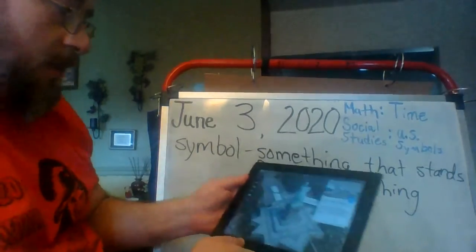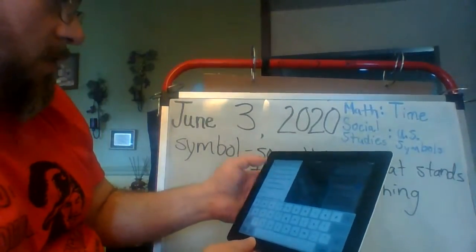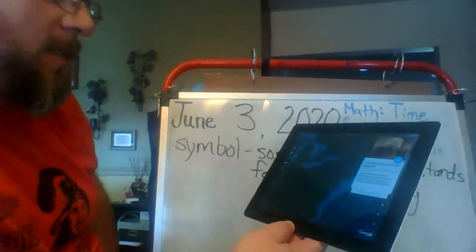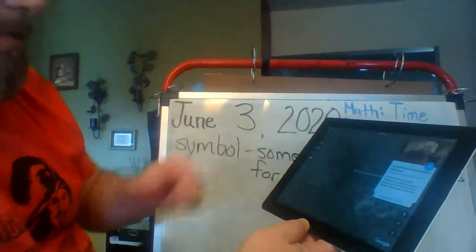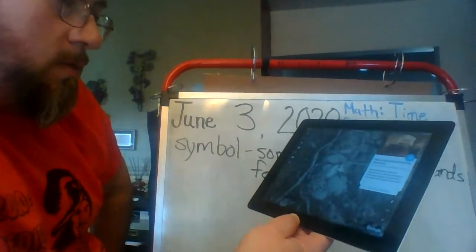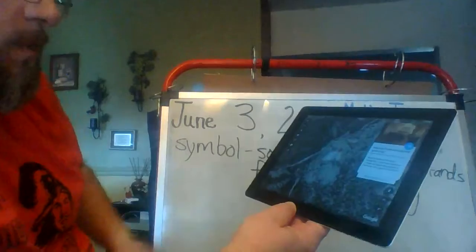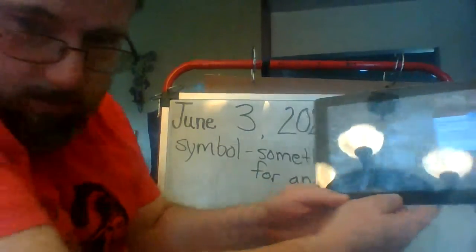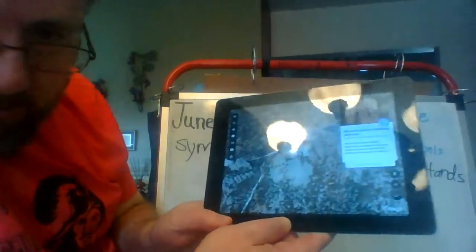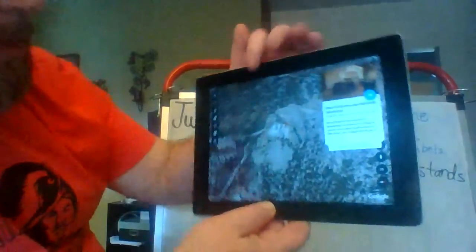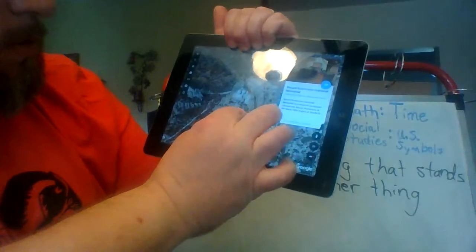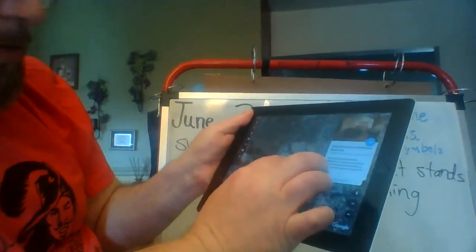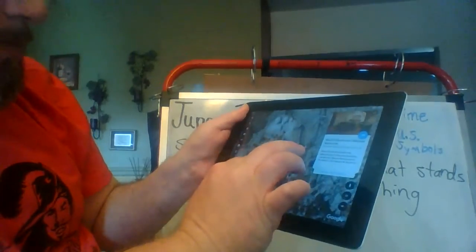If I go back into my searches, I also did a search earlier today for Mount Rushmore. Now it's going to take a minute to get there because it has to go all the way across the country to South Dakota. As you can see, there's a mountain there. Oops, I got to get used to where the camera is. Let me zoom in.